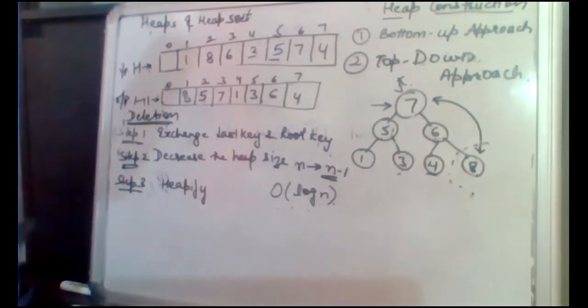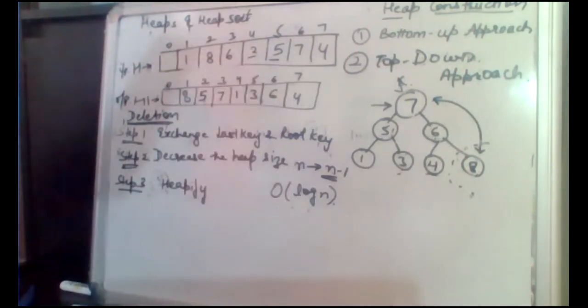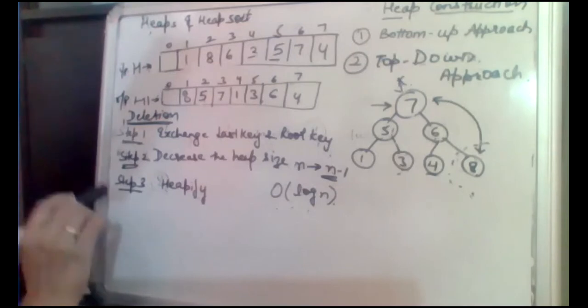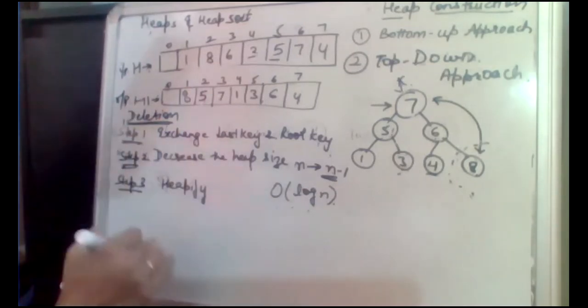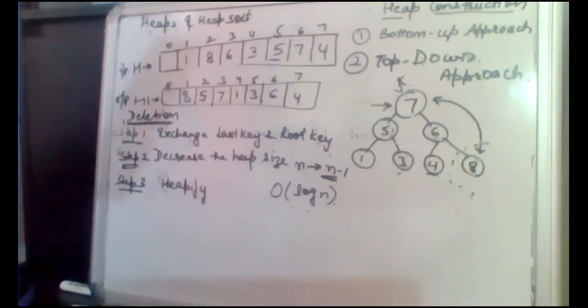So that is the working of heaps. Now let's move on to what is heap sort. When you are given a certain set of elements and you want to sort those elements using the heap, in that case we use heap sort. Heap sort works in two stages.